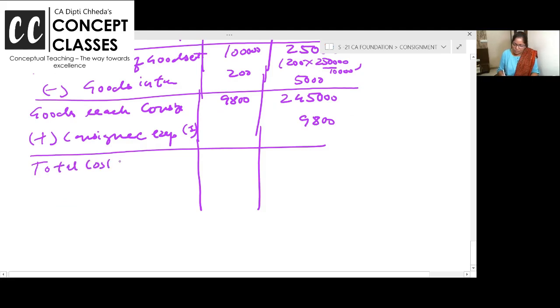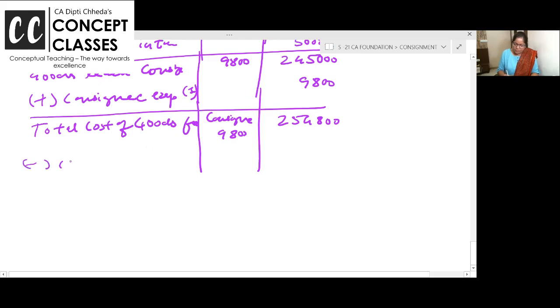Total cost of goods for consignee. Consignee को 9,800 units कितने में पड़े? Consignee only non-recurring one-time expense, not godown rent and all. 254,800. Now closing stock.